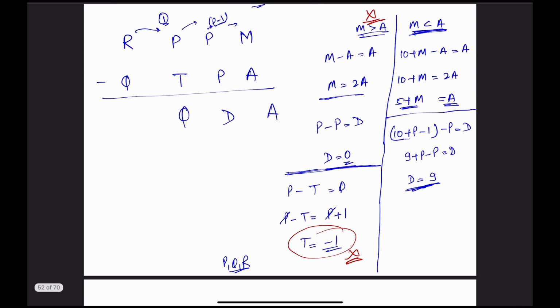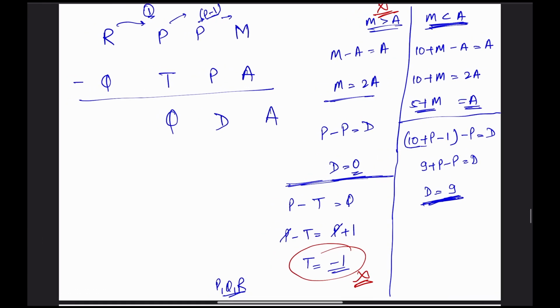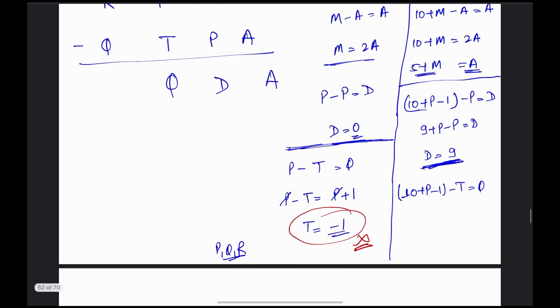So in this one, if D is 9, what should be the value of our P? P could be anything for now. And what I said over here, that P is taking 1, so P minus 1. And one more thing is there, that we are sure that R is giving 1 again as carry. So 10 plus P minus 1 minus T equal to Q, right?